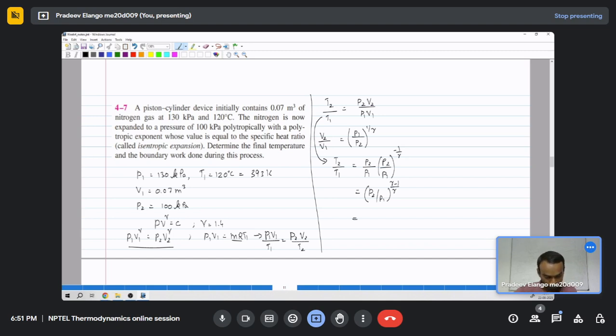So we know P2 is 100 kilopascal by 130 kilopascal power 0.4 by 1.4, and T2 is the whole thing multiplied by T1, so that is 393 into this, and that is found to be 364.6 Kelvin.